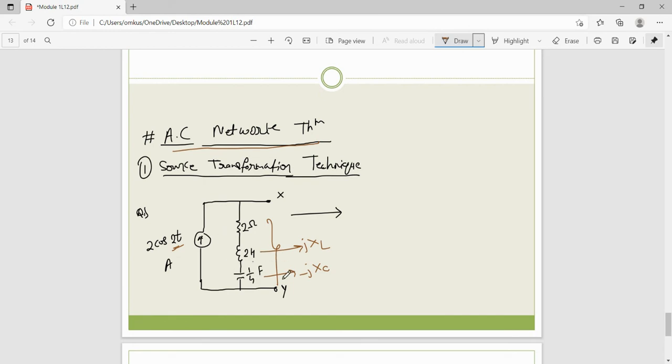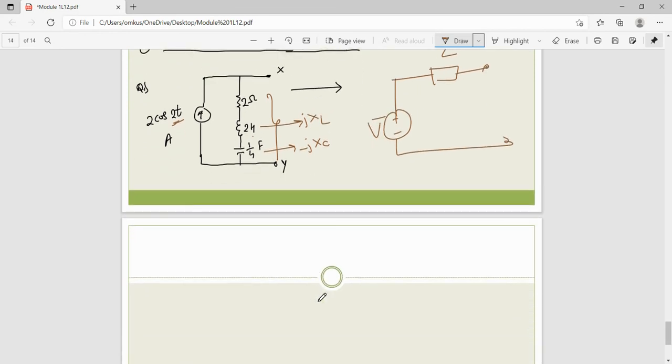You need to represent this first, and after representing these terms, you need to convert this current source into a voltage source in such a form. So here you need to find the impedance and this voltage. I directly write the answer here, and try to solve it.